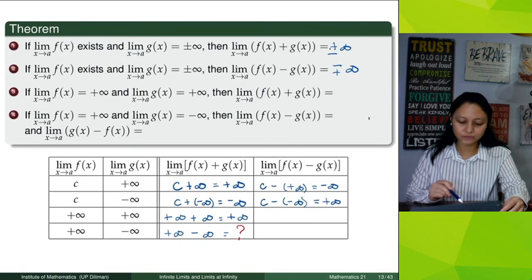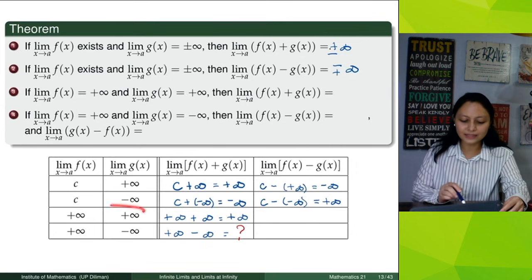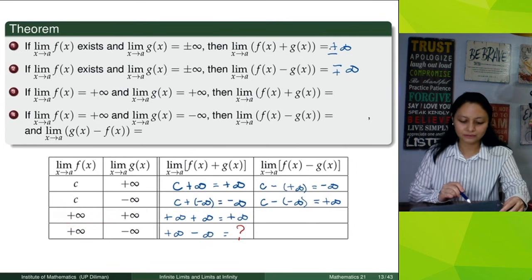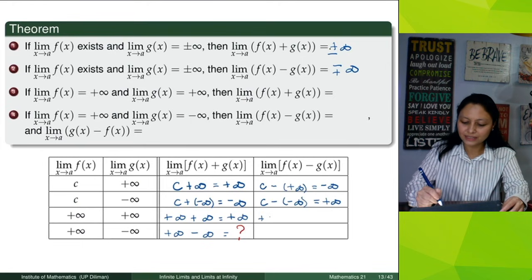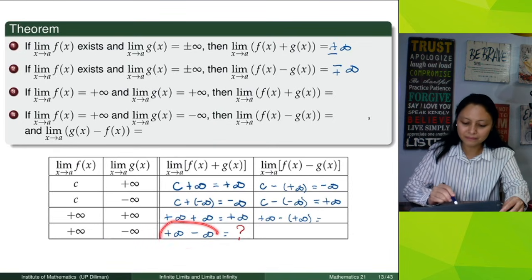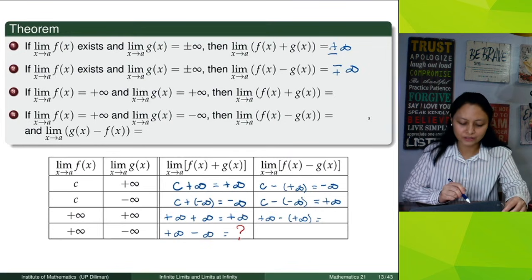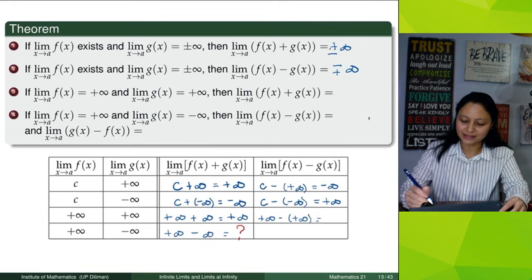Next, go to subtraction. Yan. So, if you look at this case, what do you get? Positive infinity minus positive infinity. Diba? Parang same, pareho nito. Infinity minus infinity. So, ayaw muna nating sagutin yan.